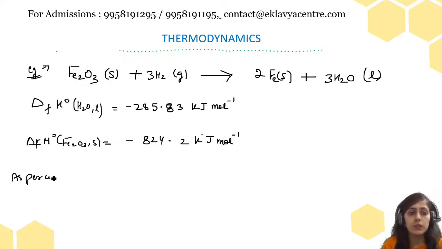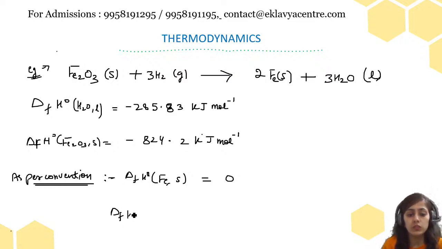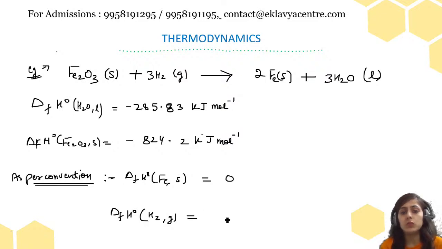As per convention, hydrogen gas and iron solid are present in their standard states, so the enthalpy of formation of iron solid will be equal to 0 and enthalpy of formation of H2 gas will be equal to 0.